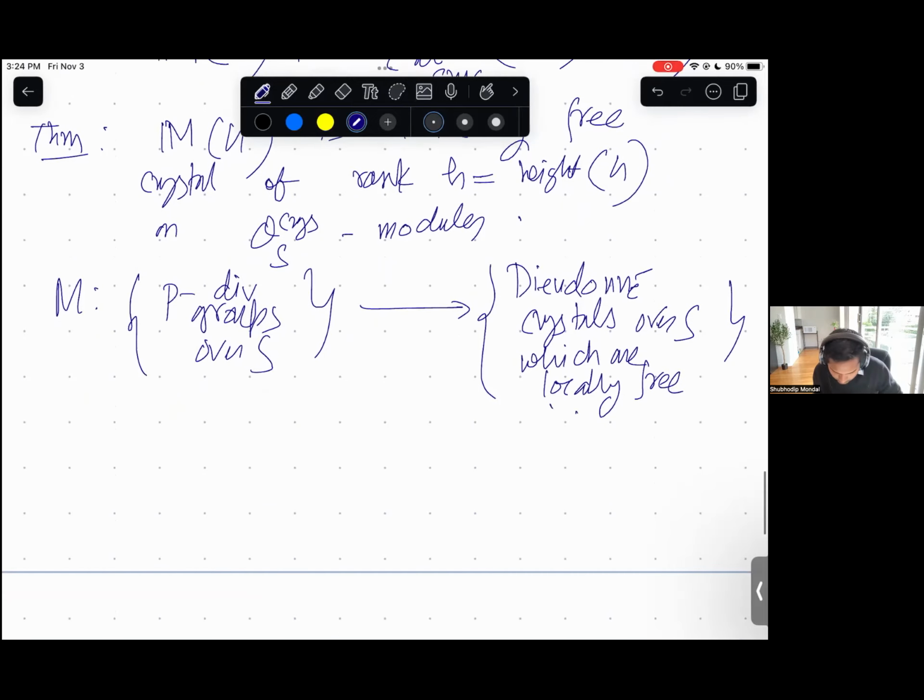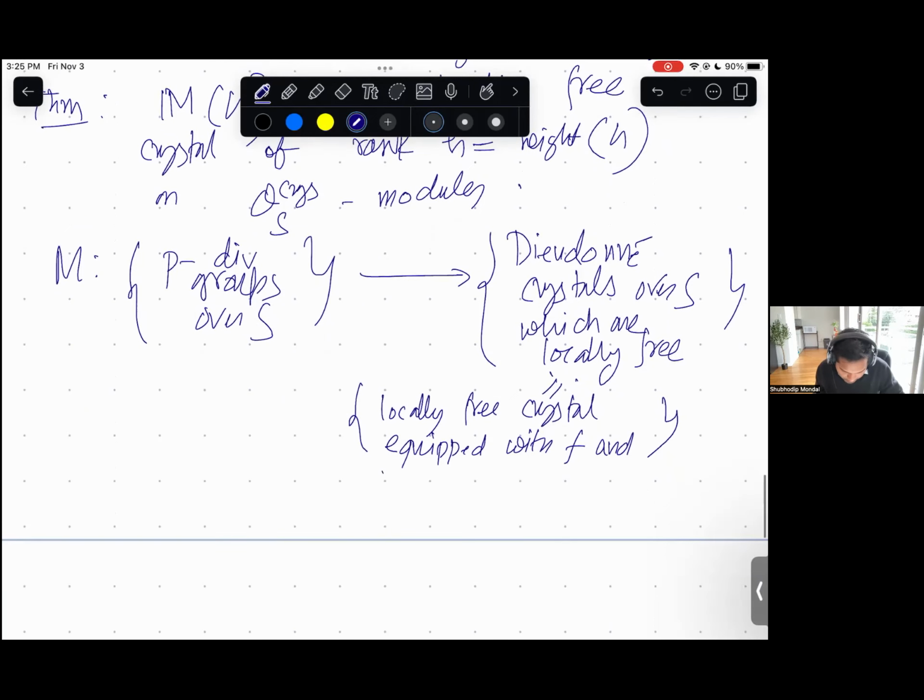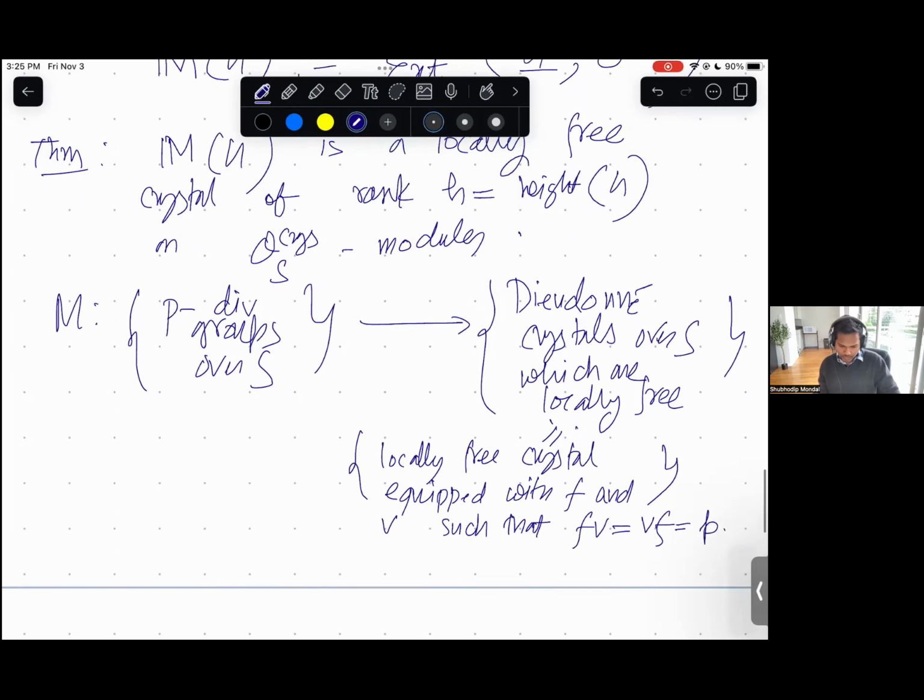So in this case, a Dieudonne crystal would just mean that we have a locally free crystal equipped with certain semilinear maps F and V such that FV equals VF is equal to p.